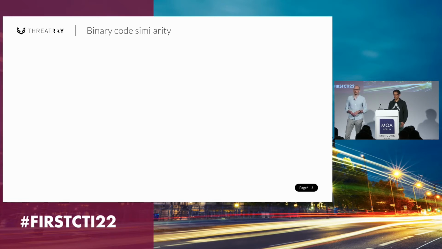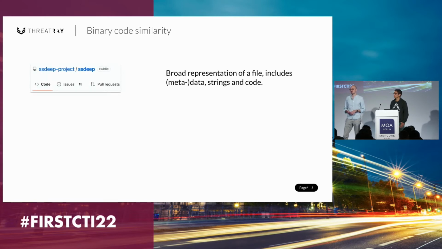There are multiple approaches you could take. For example, you could use a tool like SSDeep, which generates a fuzzy hash over the content of a file. If two fuzzy hashes are similar, then you can say the content of those binaries is similar as well. That's quite a broad way to look at similarity because it includes metadata, headers, strings, as well as code.